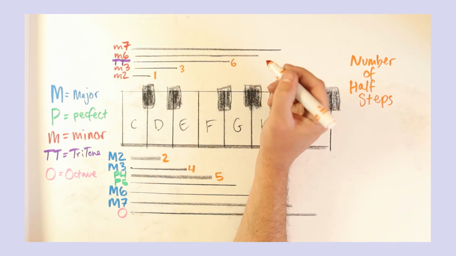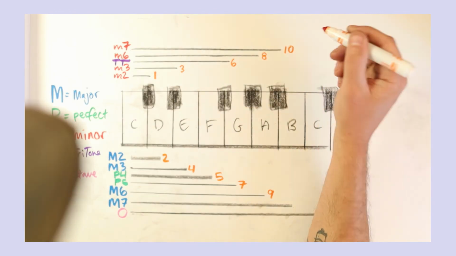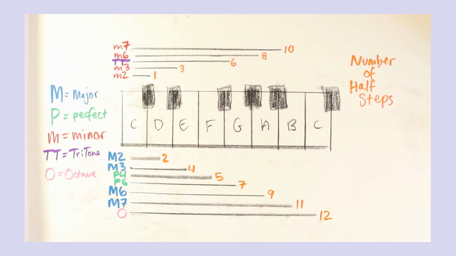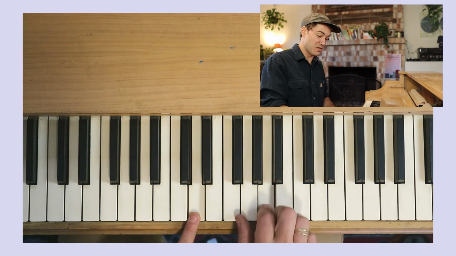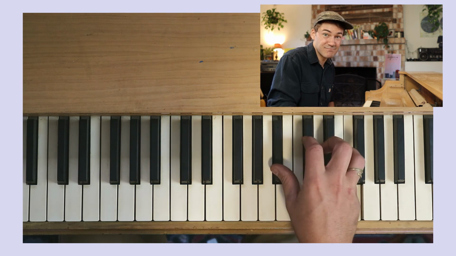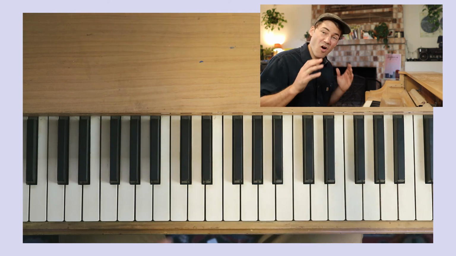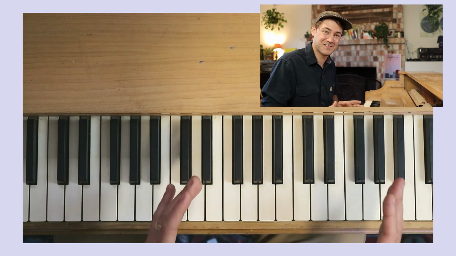So a perfect fifth, for example, will always be seven half steps. Whether you're starting from C, whether you're starting from D, whether you're starting from F or B flat, these are all perfect fifths because they are seven half steps.